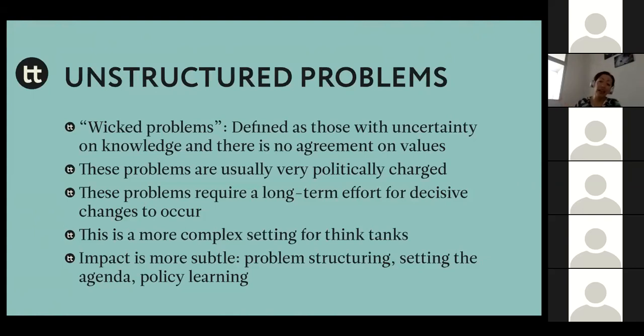We can help structure a problem better, we can help set the agenda, we can promote policy learning, but really, to go from having an unstructured problem to solving the problem with a specific policy solution, it's a very long way. So if we want to see short-term gains, unstructured problems are not the types of problems to work with.